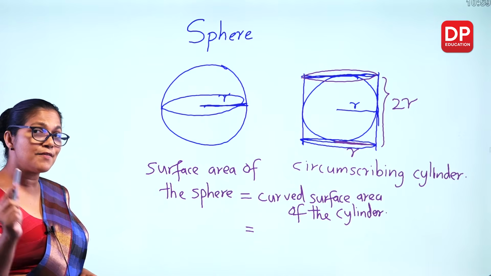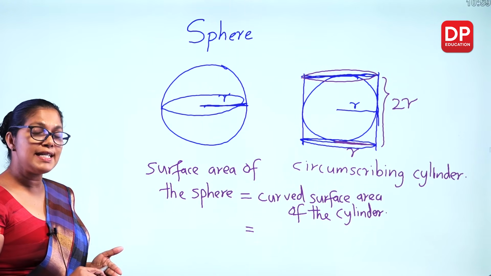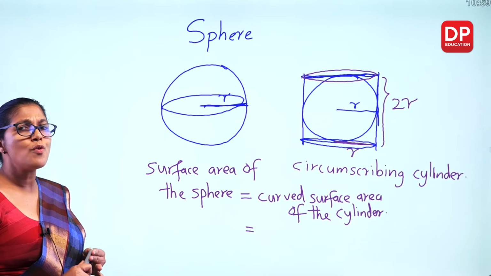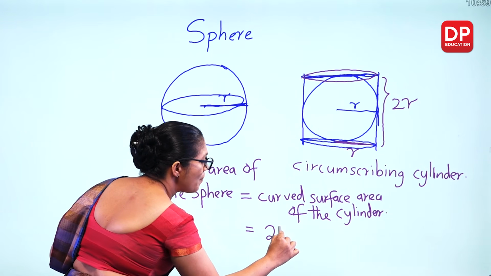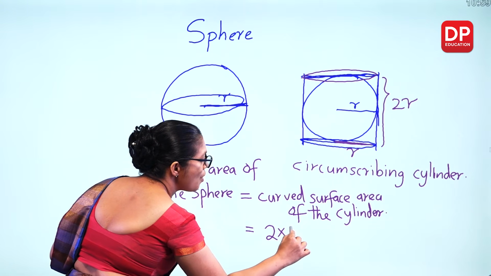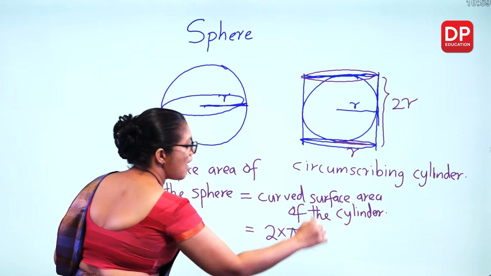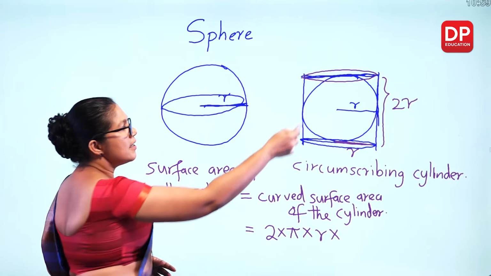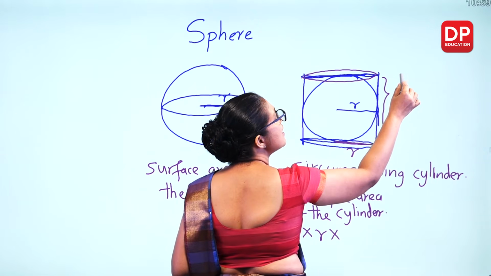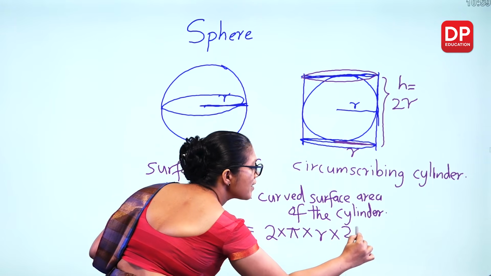What's the curved surface area of a cylinder? If you know the radius and the height, it is 2 pi r h. So here we'll use 2 pi r, where r is the radius. Now what happens to h? When you include the sphere, h becomes 2r. So we can plug in 2r here.